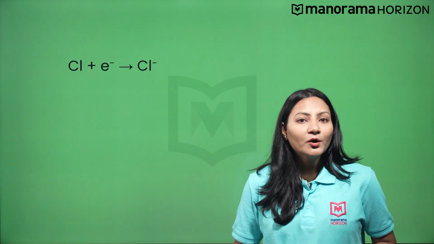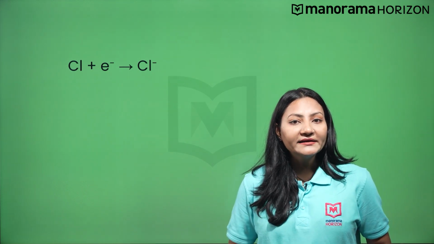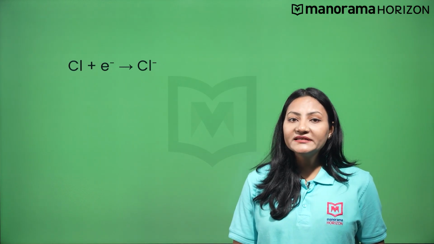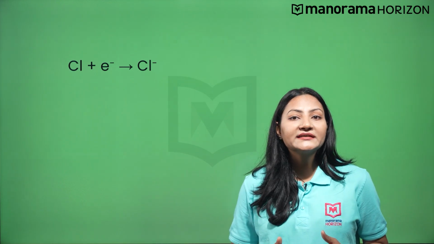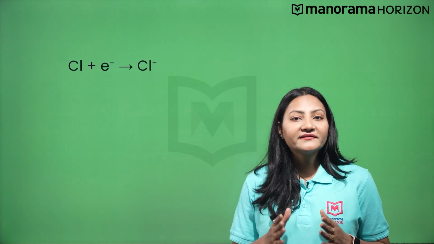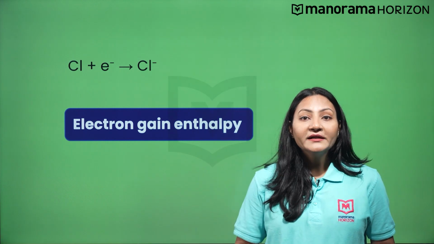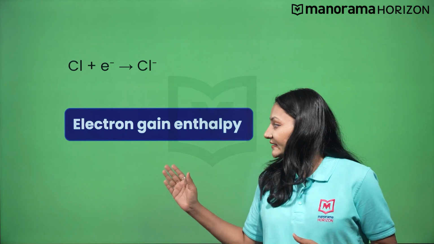In the same way, chlorine becomes chloride ion by accepting an electron. The amount of energy liberated when an electron is gained by an atom in its gaseous state is called its electron gain enthalpy, represented by delta EgH.